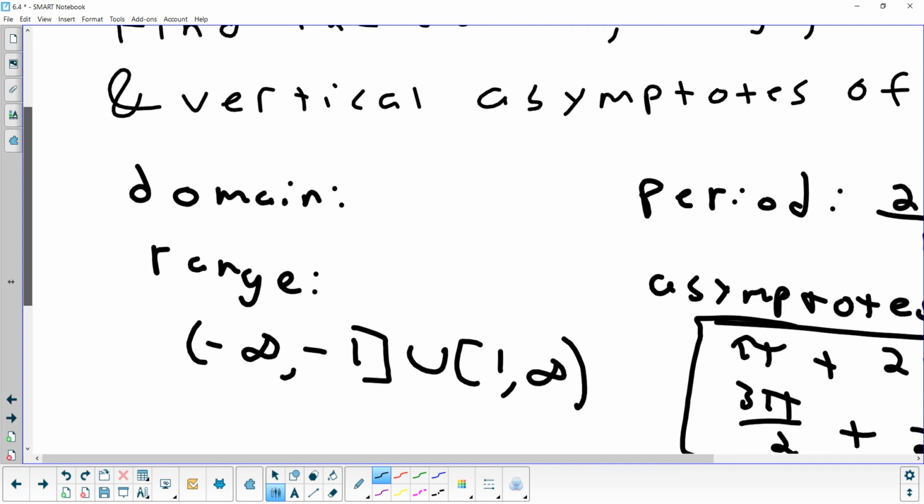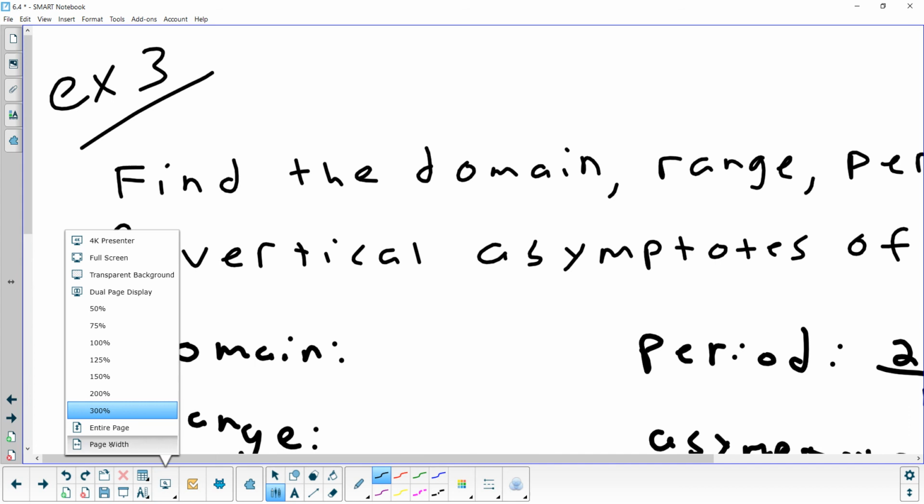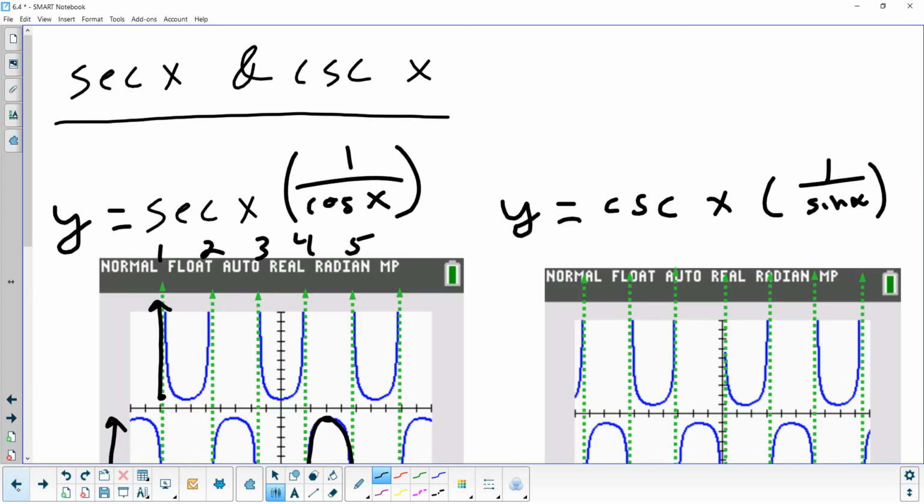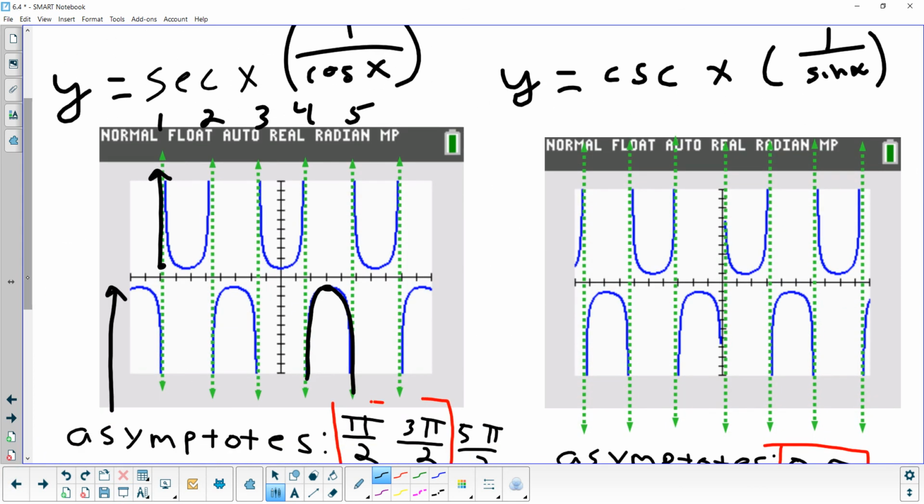And now lastly, let's look at the domain. Does the graph go left and right forever? You think, Chris? Yes, that pattern continues forever. Does it hit everything as it goes left and right forever?